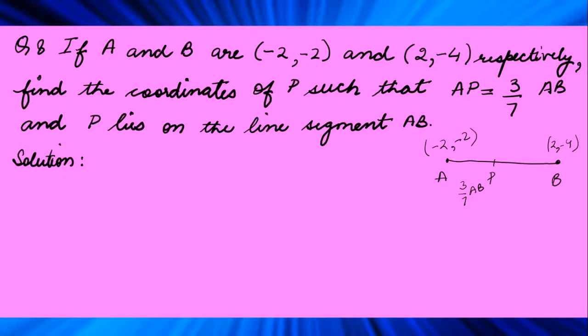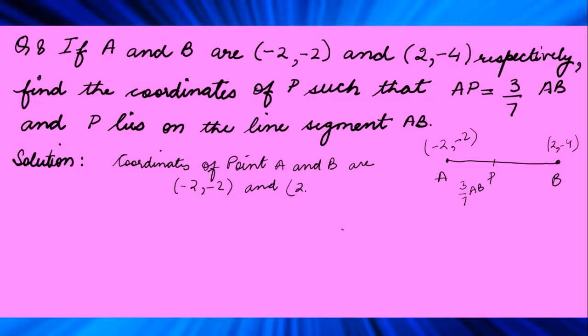Now you are given the coordinates of points A and B are -2 and 2, -4, and AP is given to be 3 by 7 times AB.